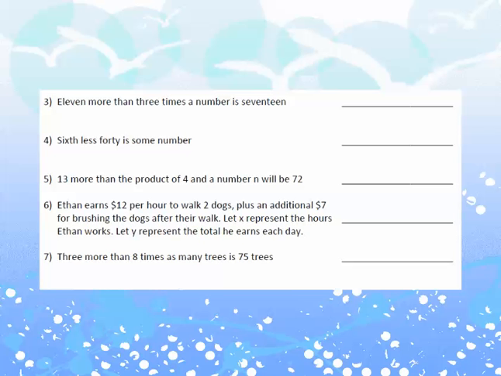Okay, now that you've solved all of those, let's talk about them together. So we have for number 3, 11 more than 3 times a number is 17. Remember the flip-flop word, it switches, but remember this all is one term, and that is a term. So 3n plus 11 is getting switched. So that's how it should be written. It should not say 6, my fault. 6 less 40 is some number, so I'm going to use n.